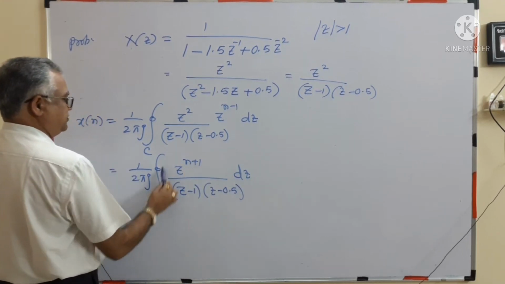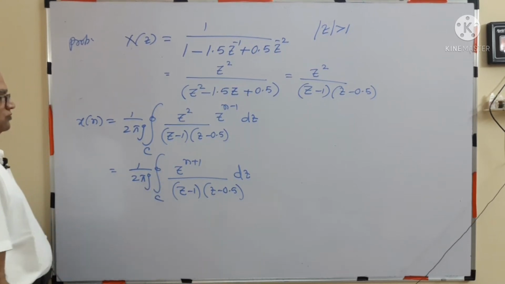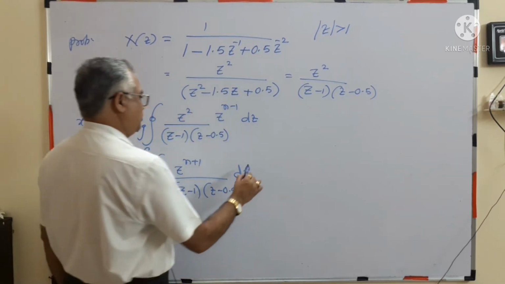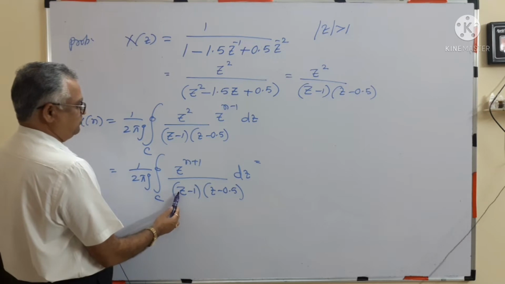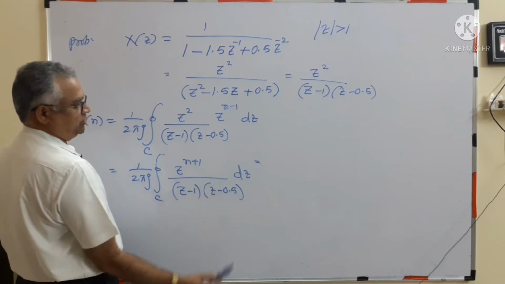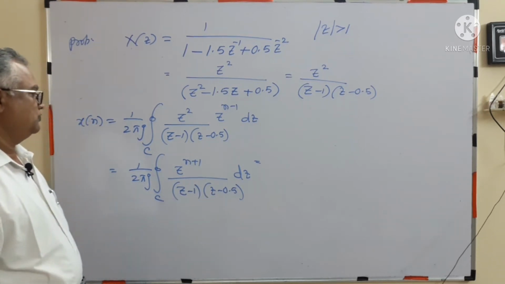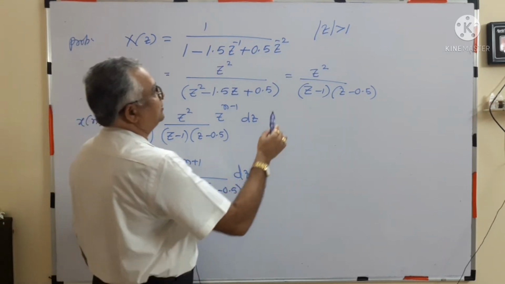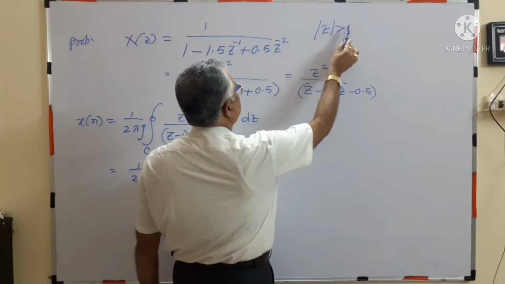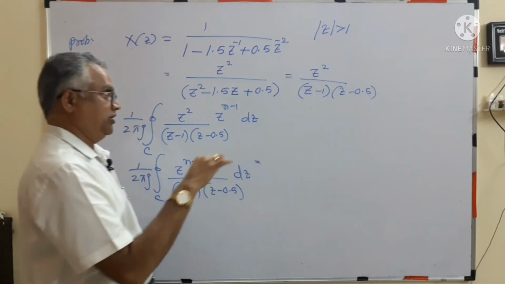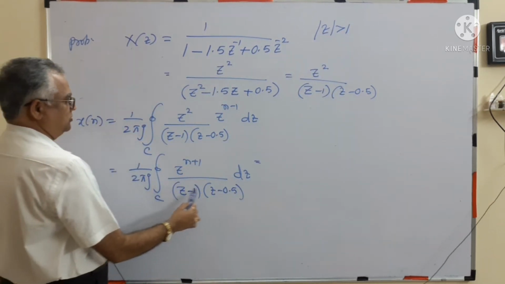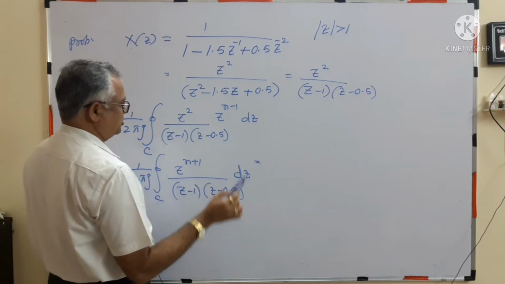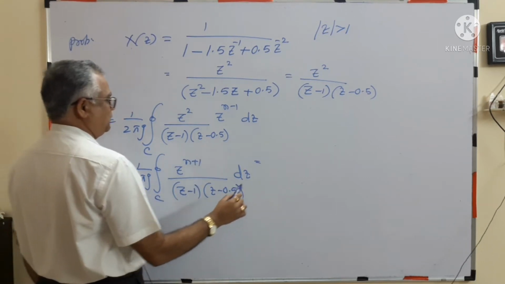So this is like f of z. It has a pole at z equal to 1 and a pole at z equal to 0.5. And these 1 and 0.5 are inside the contour. Here mod z greater than 1, so inside the contour of 1. So these two valid poles we both consider.